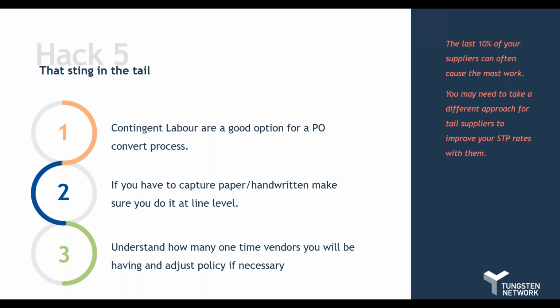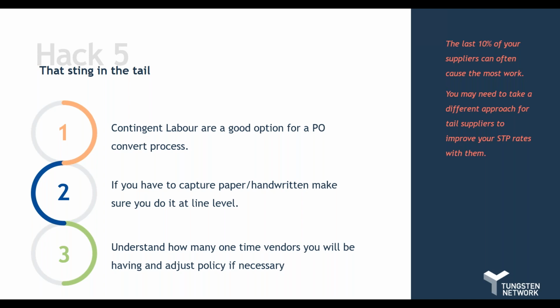So just think about those suppliers slightly differently. Use some real simple PO convert, PO flip processes. If you link that to any kind of contingent labor, contractors, etc., that's generally quite a nice process you can wrap up. They get the POs, they're used to POs, they convert the PO on a system, and then you get that invoice in.